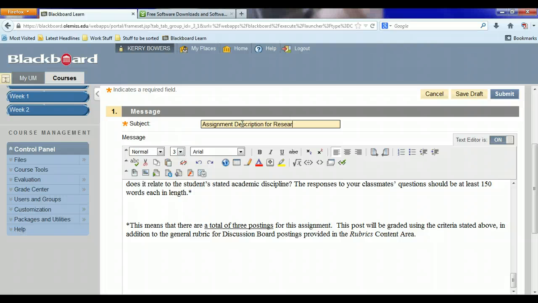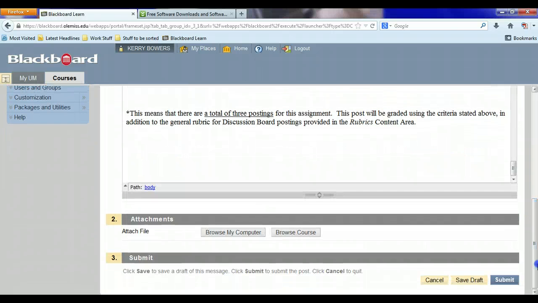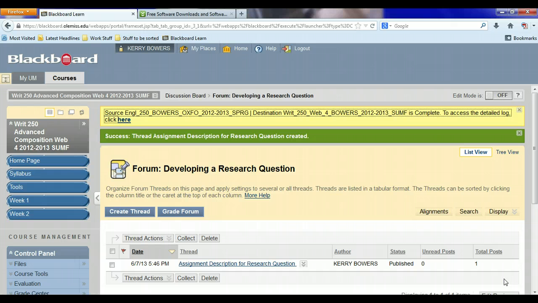Sorry about that. Now, from the reading that you will have done before you even get to this point, you will understand what qualities the research question must have.